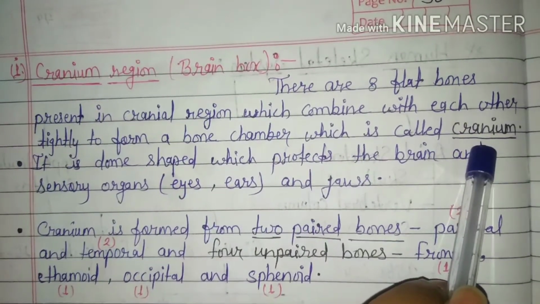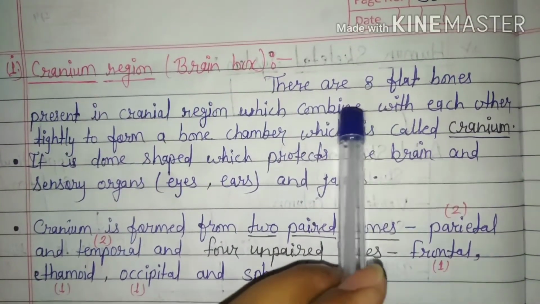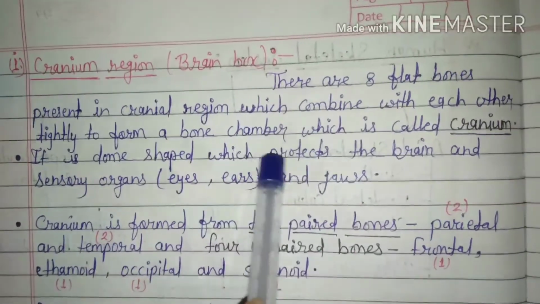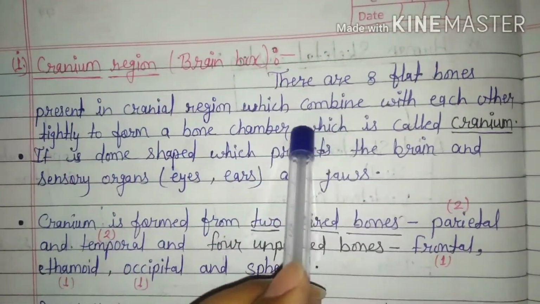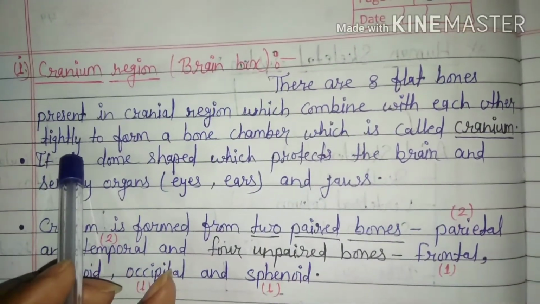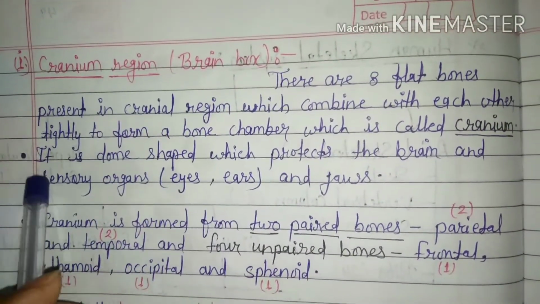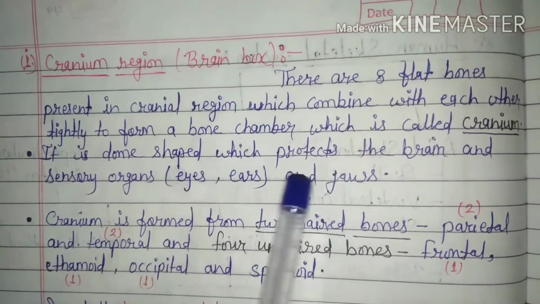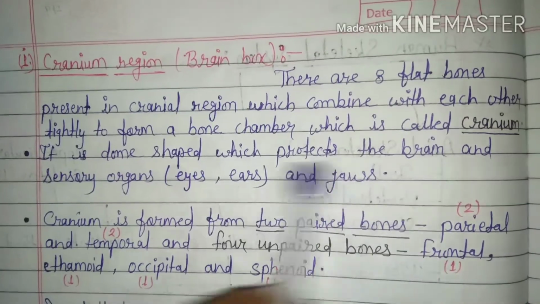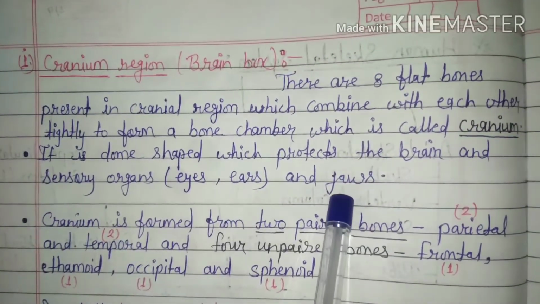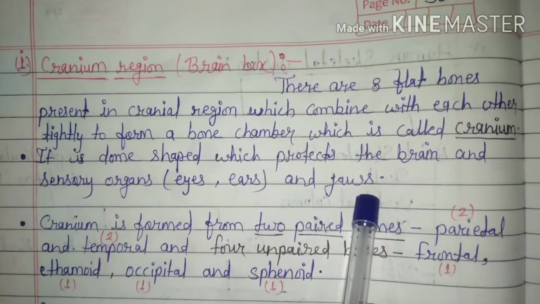It means in the cranium part a total of 8 bones are found, and they are joined together with the help of sutures. The shape of the cranium region is dome shaped, which protects the brain and sensory organs, eyes, ears, and jaw region.